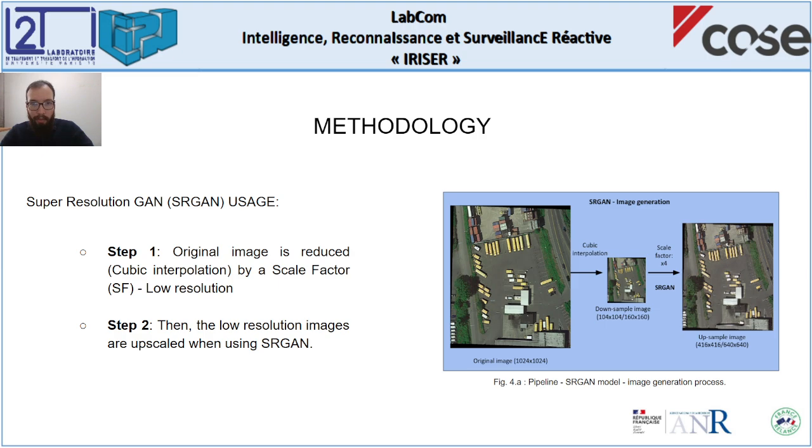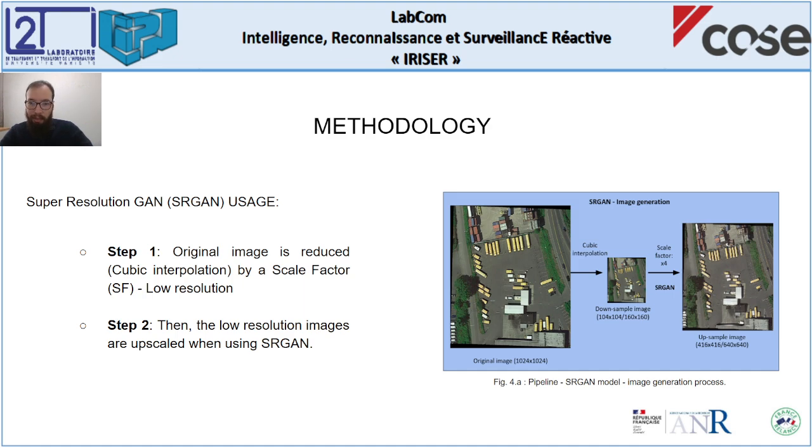In our methodology, we split it into two steps. The first one: we needed to compress the image to generate the low resolution image, and then this image can be upscaled by a scale factor.